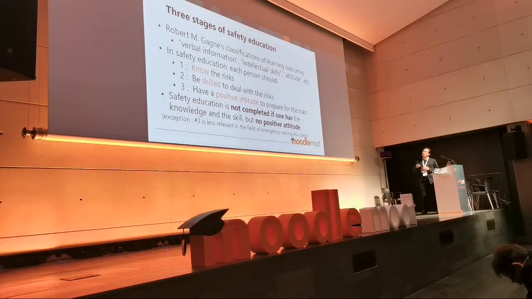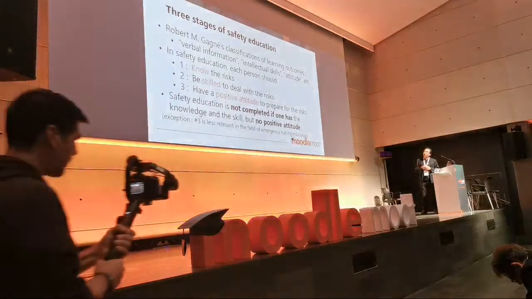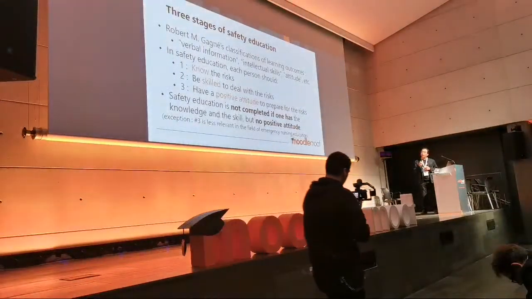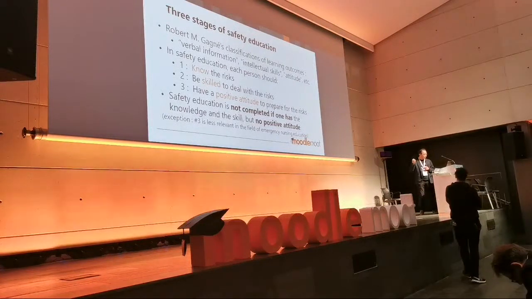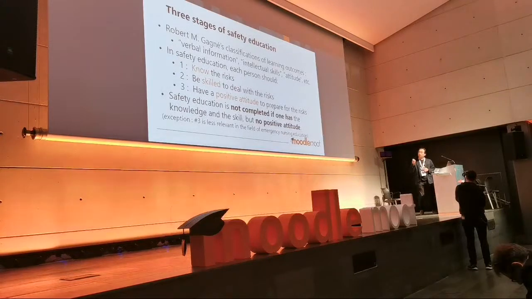He said that learning outcomes can be classified into several types, like verbal information, intellectual skills, attitude, and so on. In safety education, we think each person should know the risk, be skilled to deal with the risk, and have a positive attitude to prepare for the risk. Safety education is not completed if one has knowledge and skills but no positive attitude.